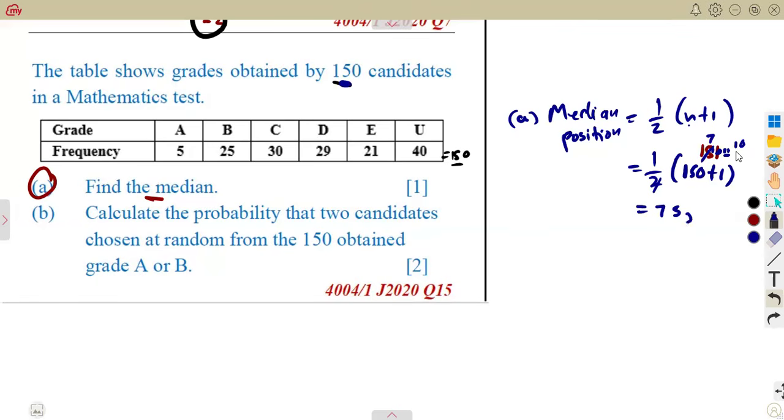Then comma, 10, and 2 into 10 is 5. So we're talking about position 75.5. That is where we are going to have our median.